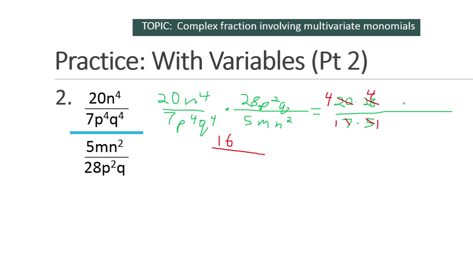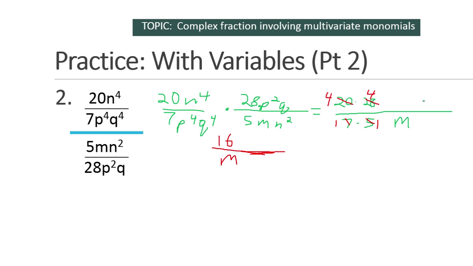Okay, the next one, we'll do m first. So m, if you can see right here, there's one m on the bottom. There's no other m's anywhere else. So that's an easy fix. When we do that, that's just going to be m right here. Okay. Next one. Talk about n's.